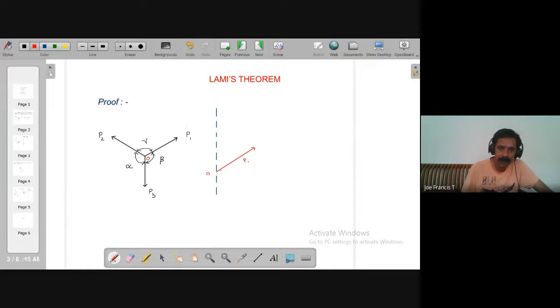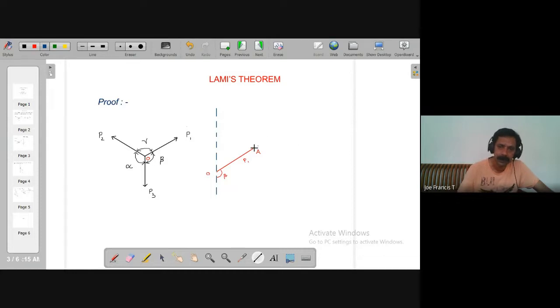Now it should make an angle beta with the vertical. So this angle is beta. Suppose this point is A. So I represented the force P1 as a vector OA. Now you draw vector force P2. Right? So when you draw P2, I'll just mark the line of action of this force P1.